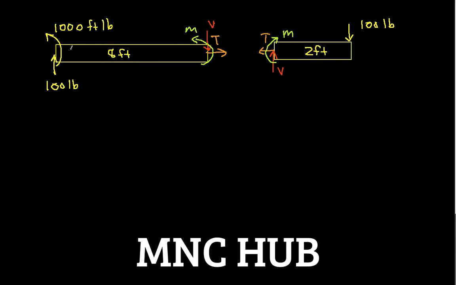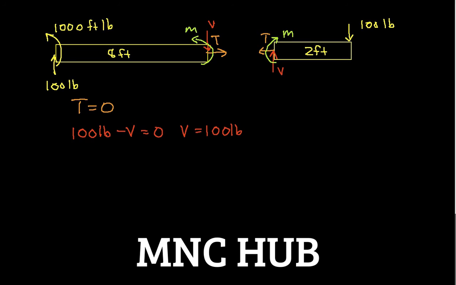Well, T, if we sum all of the forces in the x direction, the only force in the x direction is T, so that says T has to be equal to 0. If we sum the forces in the y direction, we have 100 pounds minus V is equal to 0, which says that V is equal to 100 pounds.